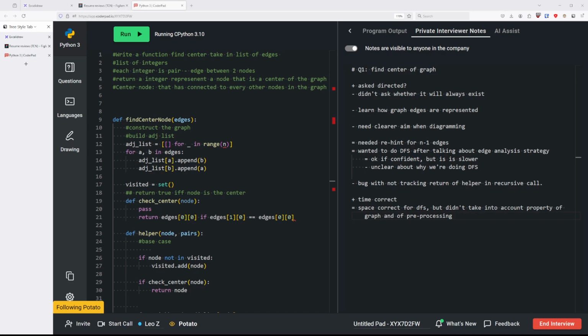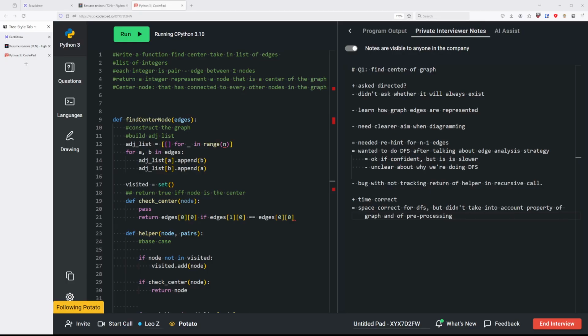And then another hint that was given, and this one I spent a bit more time on hinting, was what is a unique property of the center node? The center node is the only node in the graph that has n minus one edges. Why is that important? That's important because you don't actually need to traverse a graph to find the node. Because the edges are given, n minus one of the edges will have the number of the center node.